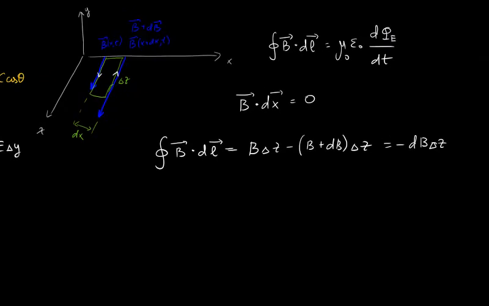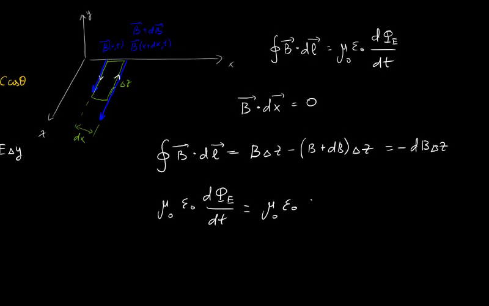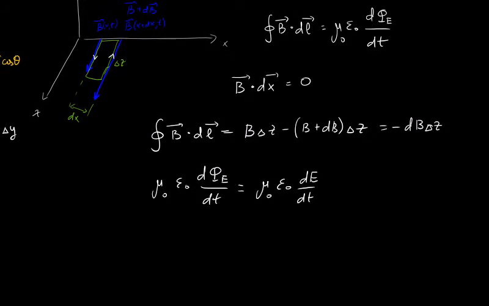Now, the right side of the equation, mu naught epsilon naught d phi E dt, can be written as mu naught epsilon naught dE dt times the area of the loop, which is dx times delta z.